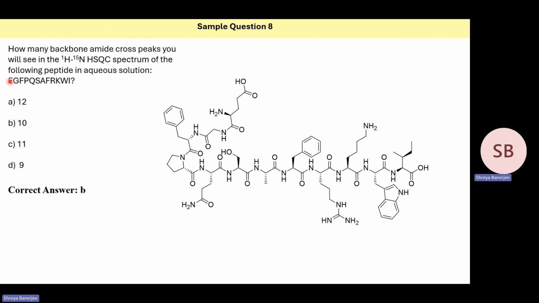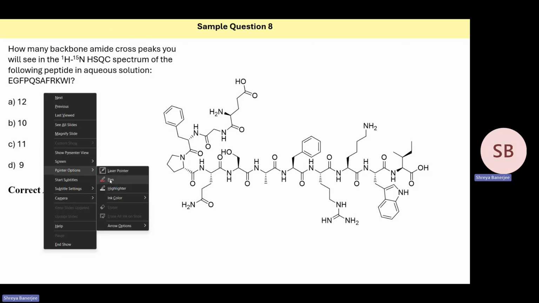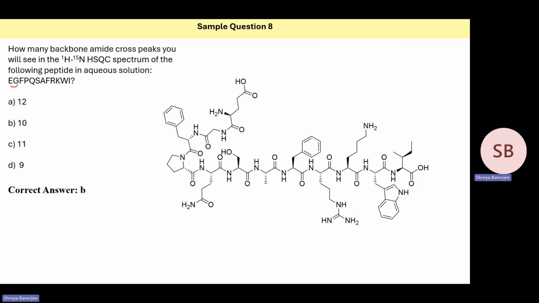So how many amino acids are there? 1, 2, 3, 4, 5, 6, 7, 8, 9, 10, 11, 12. There are 12 amino acids. So if you just look at the pairs, there are 11 pairs that you can see here.